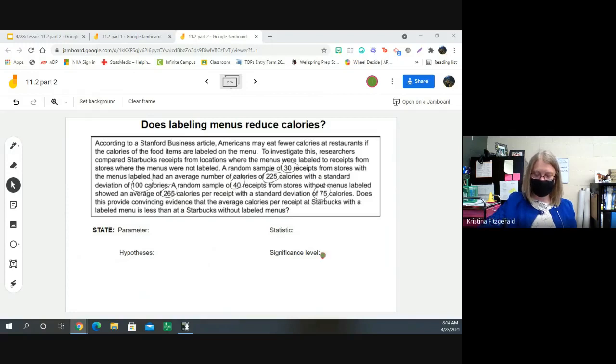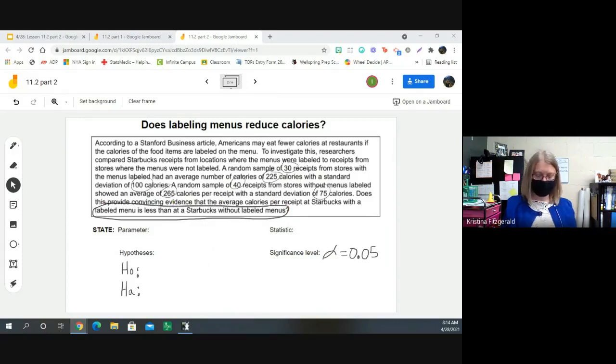The easiest thing is always your significance level, which defaults to 5% unless they tell you differently. Then we have our hypotheses, where we read the question and remind ourselves what they're looking at. In this case, the labeled menu is less than the unlabeled menu at Starbucks.